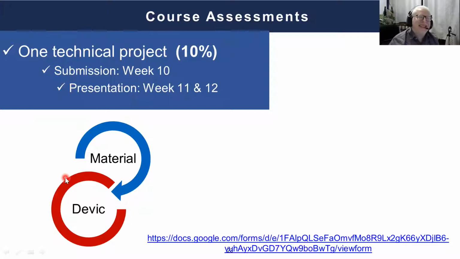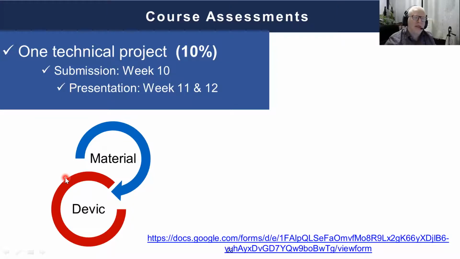One student will deal with a certain material, and the other student will deal with a device that integrates or uses this material. So for example, I will choose silicon as a material, and my colleague will choose a device that includes silicon. From which list you will choose these devices or materials, I will show you within seconds.